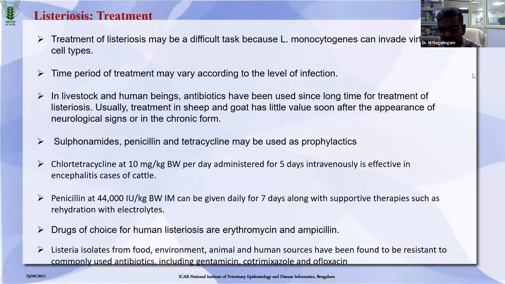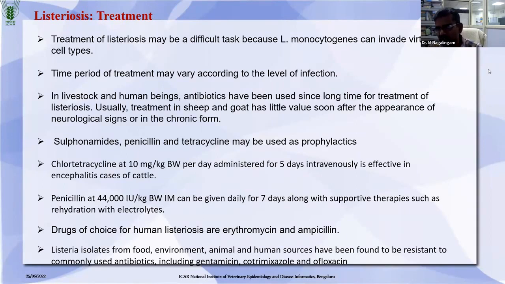When we come to treatment, individual treatment may or may not be successful. It depends upon the time when we start the treatment. In case of encephalitis, there are reports by which we can recover the animal, and many times we will lose the animal also.